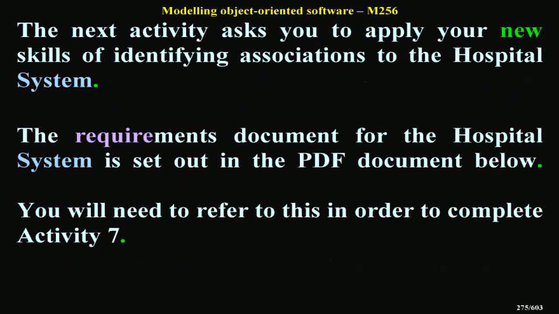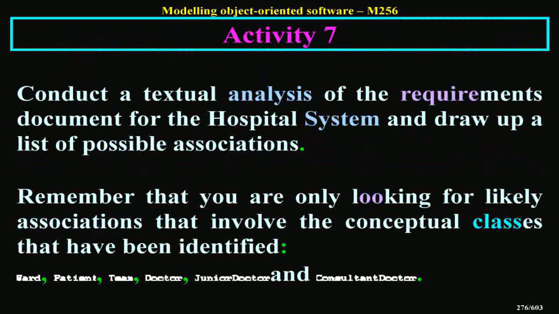The next activity asks you to apply your new skills of identifying associations to the hospital system. The requirements document for the hospital system is set out in the PDF document below. You will need to refer to this in order to complete Activity 7. Activity 7. Conduct a textual analysis of the requirements document for the hospital system and draw up a list of possible associations.